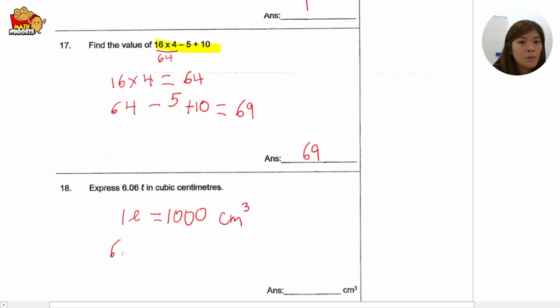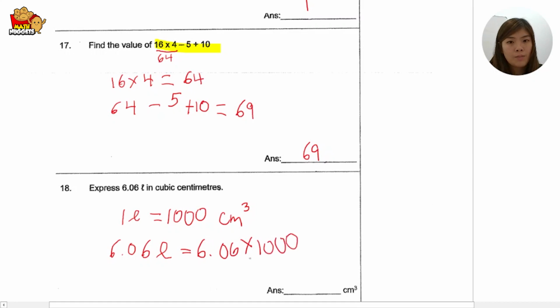So 6.06 liters will give you 6.06 multiplied by 1000, and this gives you 6060 cubic centimeters. So your answer here is 6060.